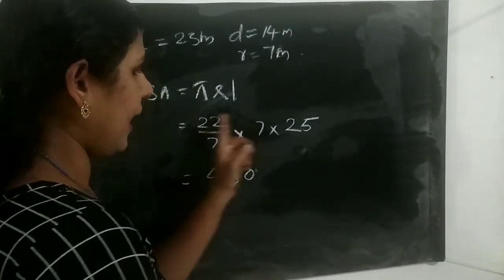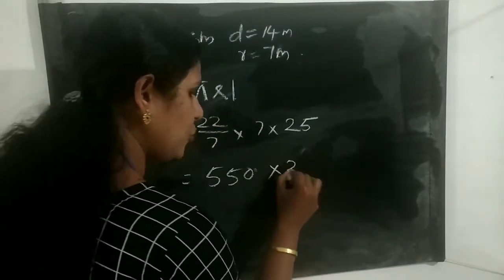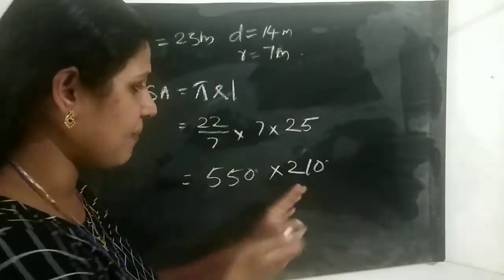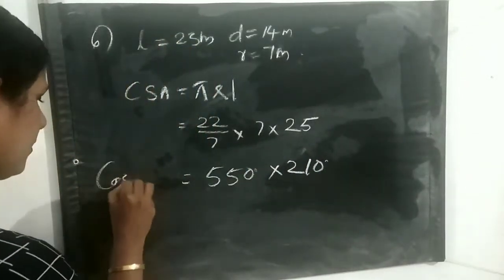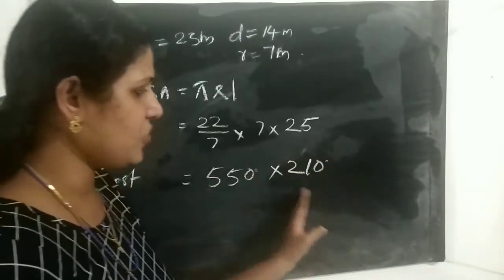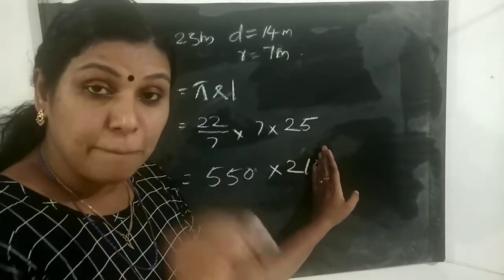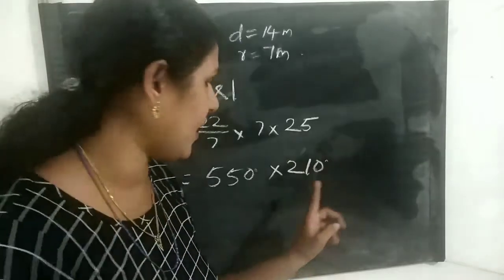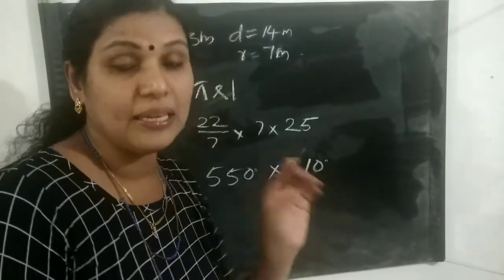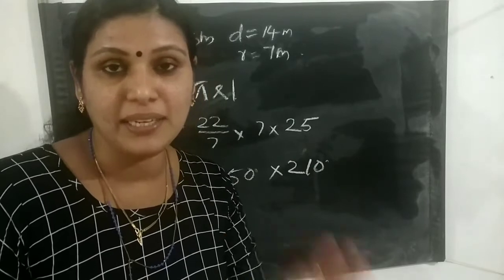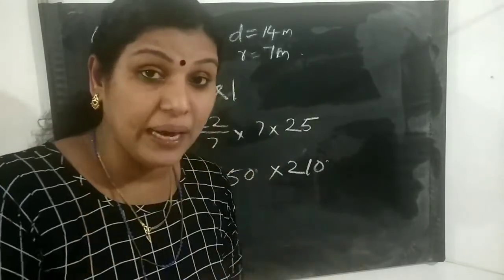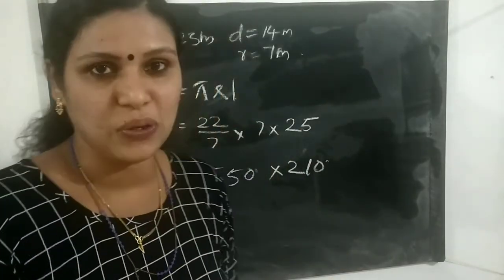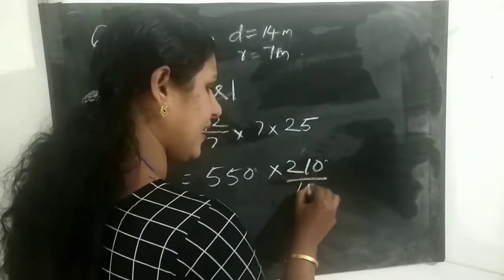With 550 as this answer, we multiply by 210 for the cost. But if it is per meter square, you just multiply by 210. But here in this question it is 210 per 100 meter square, so you divide by 100.